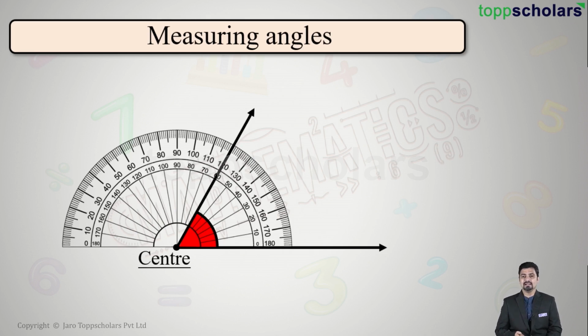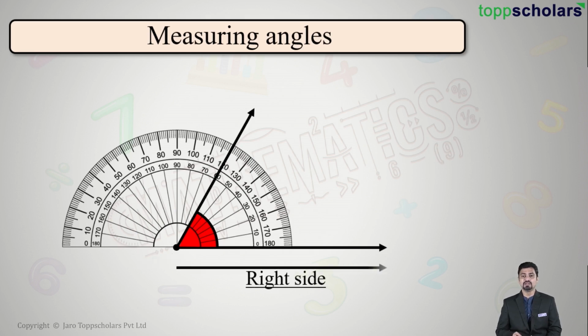Now we see that the arm is on the right hand side of the center. So we will start measuring from the 0 on the right hand side of the scale. That is the inner scale. And if we start measuring from 0, it will go up through 0, 10, 20, 30, 40 and up to 60.